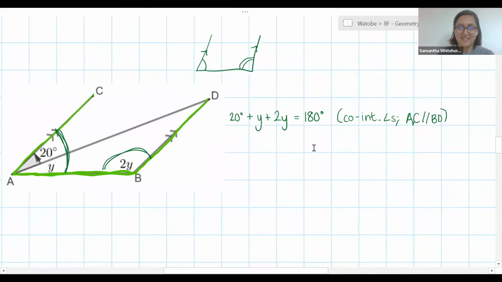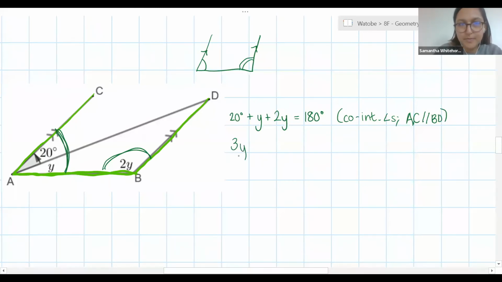Okay, I think Ntono is not answering there. Yamo, would you like to help? Hi, ma'am. I did 20 plus y plus 2y equals 180 because co-interior angles. Awesome. And then I added up the like terms, which gave me 3y.